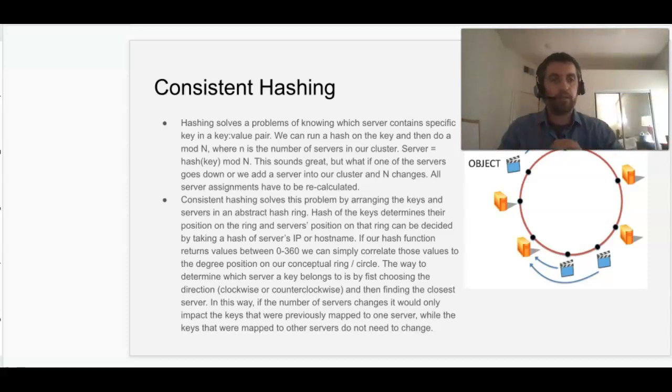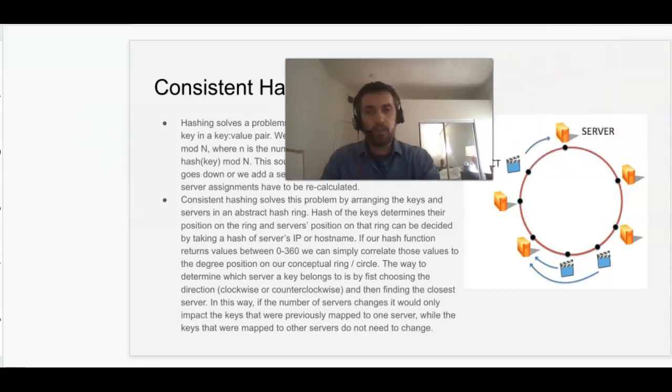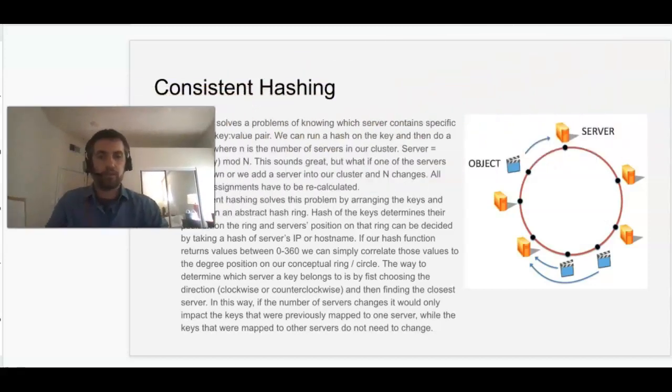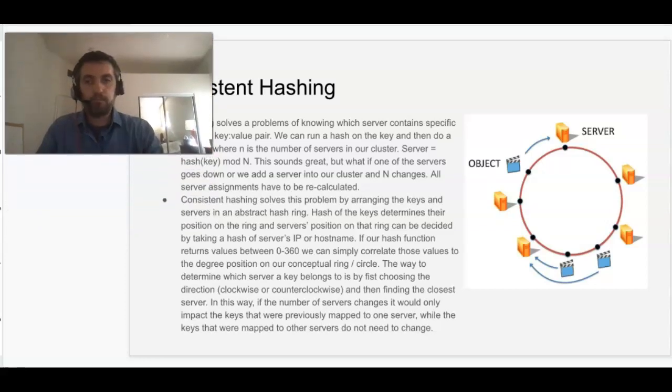That's not an ideal scenario, because servers can go down all the time, especially if you have hundreds or thousands of these servers. The hard drives fail, and the servers fail literally every single minute. Now, how do we deal with that scenario?